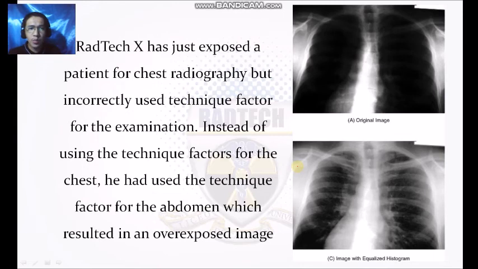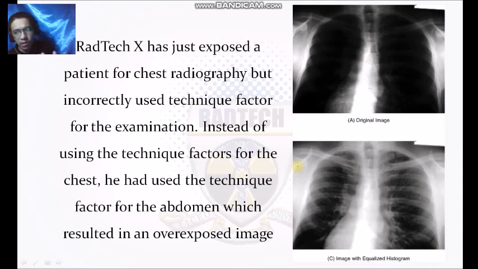Okay, so this was the second or the last trigger that was posted. RadTech X has just exposed a patient for a chest radiography but incorrectly used the technique factors for the abdomen instead of the chest, which resulted in an overexposed image.